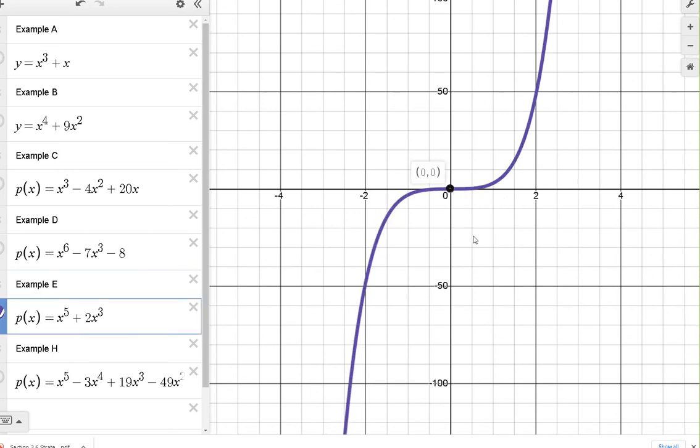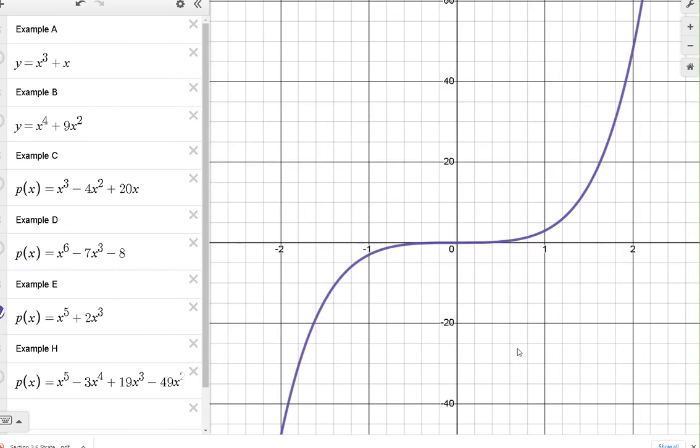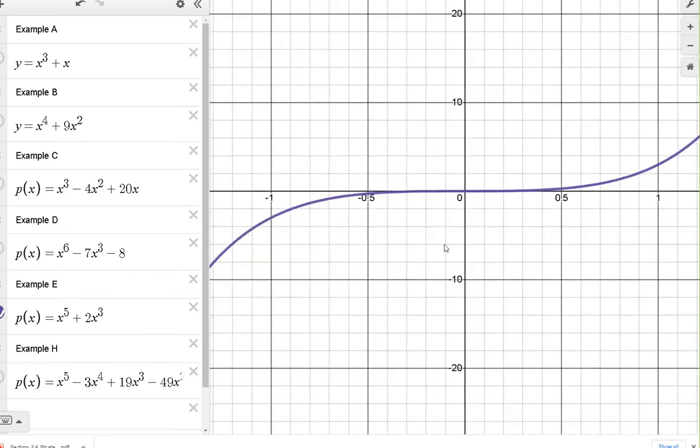Zoom in. What do you think now? That's a wiggle. That one's not just going straight through. It lays pretty flat near x equals 0 for a while. So that means it has what kind of degree? Degree 3.